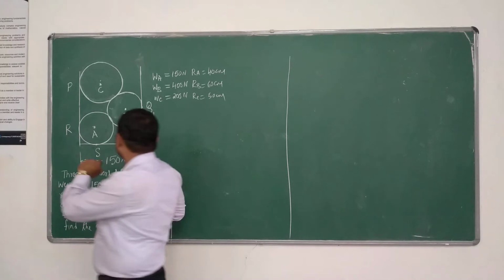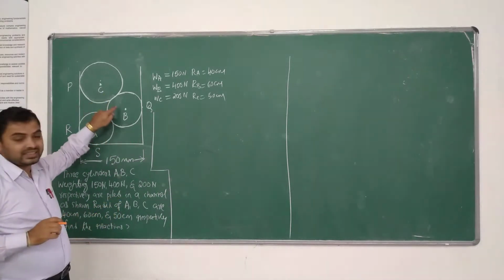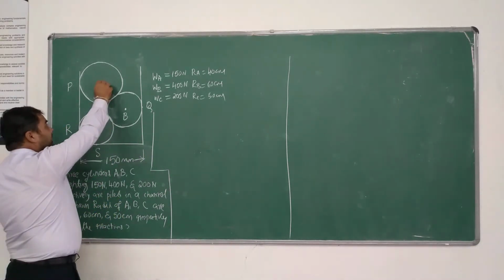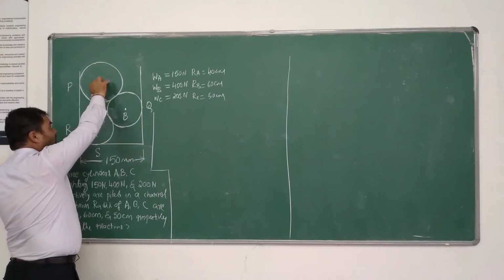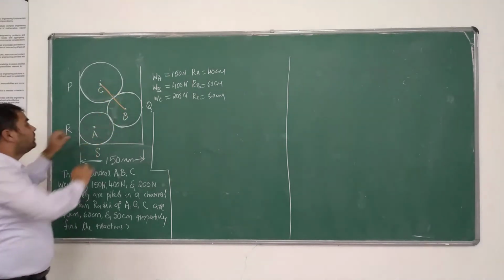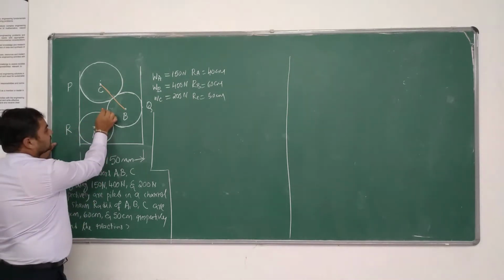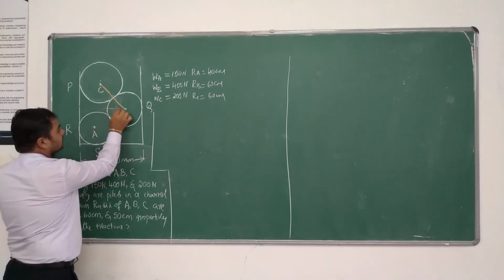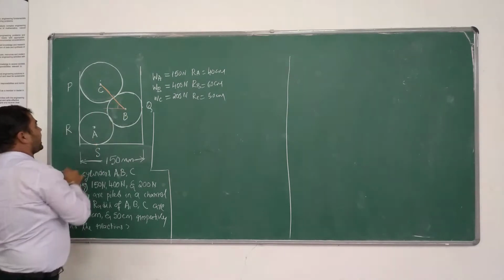Whereas in the case of the reaction between the cylinders C and B, there is an inclined reaction. So we have to calculate the inclination of this reaction.